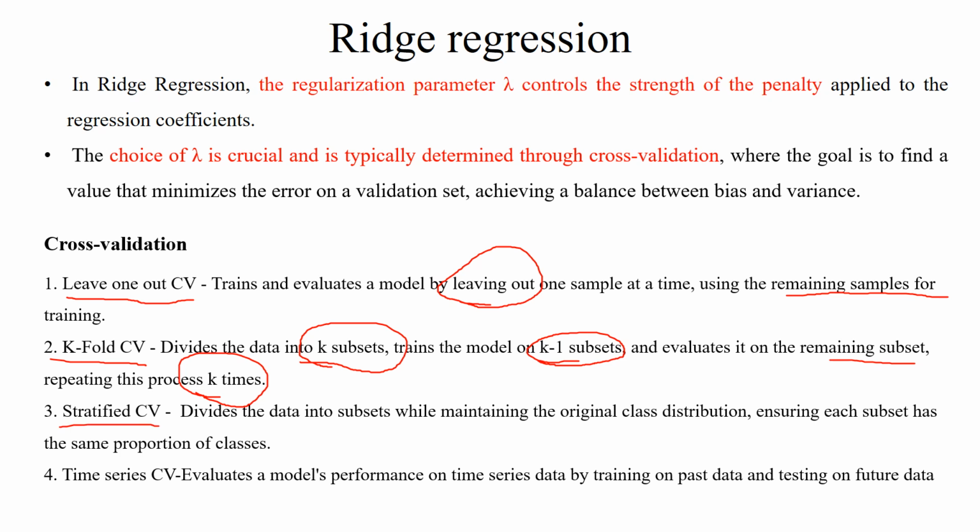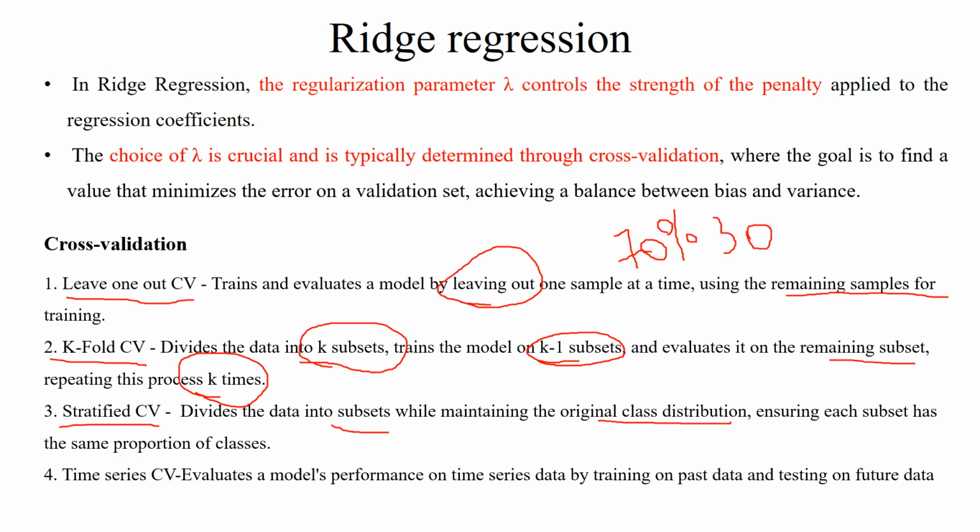We divide the data into subsets while maintaining the original class distribution, ensuring they have the same proportion of classes. Suppose in a data set we have 70% of the data belonging to the label male and 30% of the data belonging to the class female.